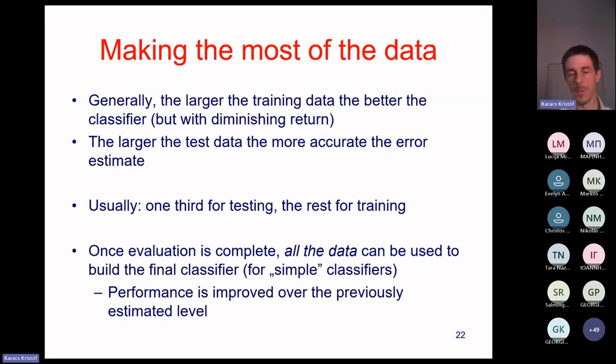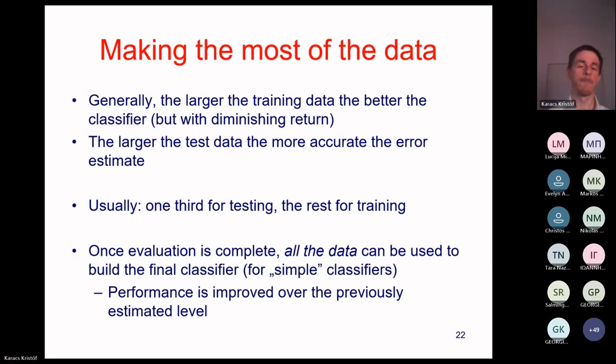And when you do so, you can have the hope to increase your performance because of the larger data set being used, but still the evaluation that you performed earlier will be unbiased, because the model that you evaluated was actually not the one that you return as your final model that has all the data, but only the data samples which were not contained in the test set.